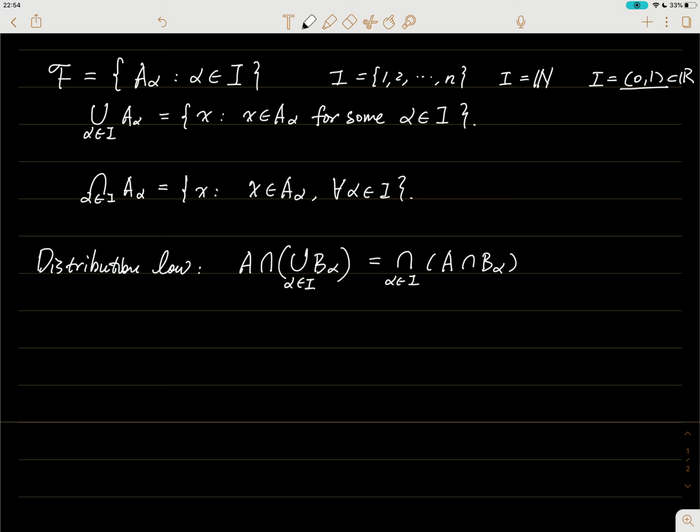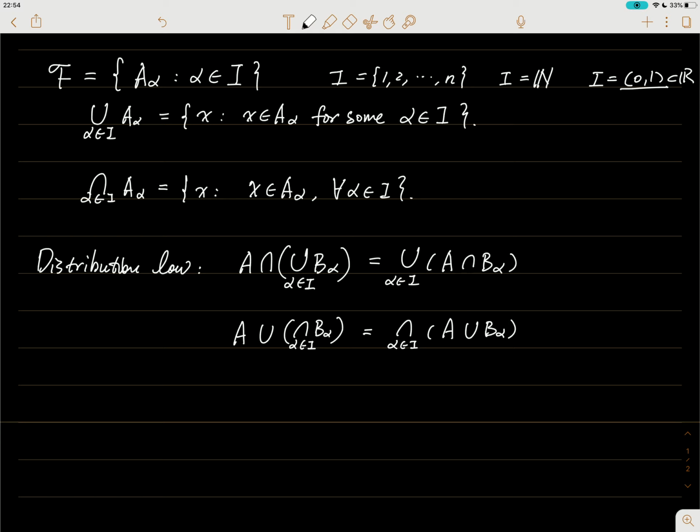And similarly, if you take the union of A and this intersection of B alpha, then you can distribute A to those B alpha again. Oh, I'm sorry, here it should be the union, and here this should be the intersection of A union B alpha.